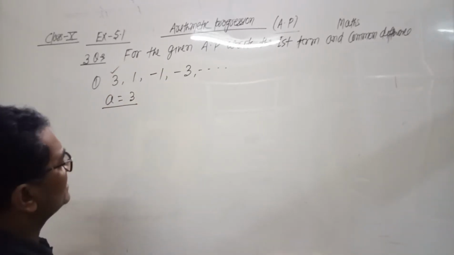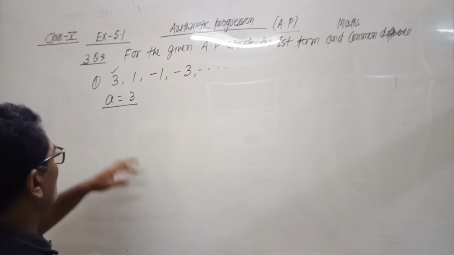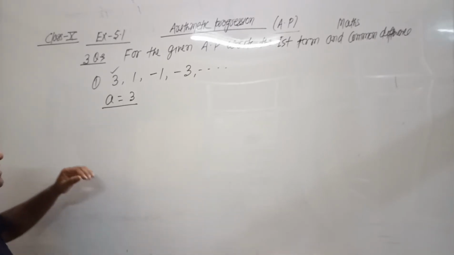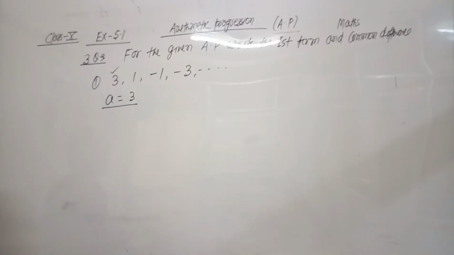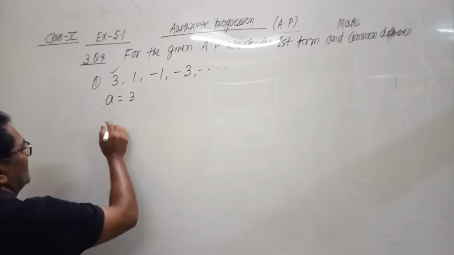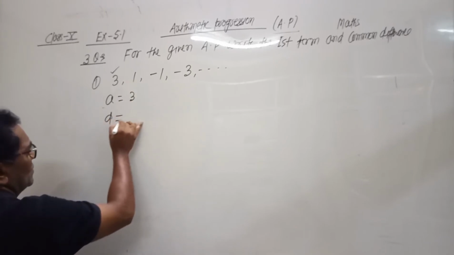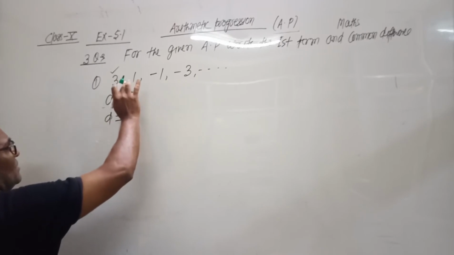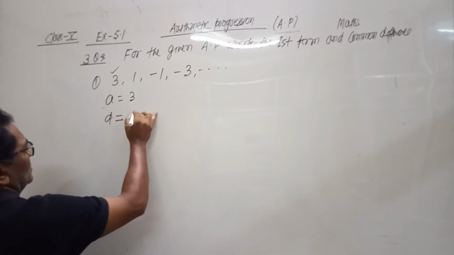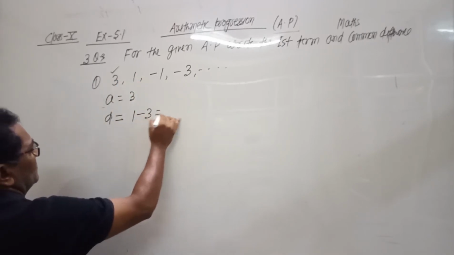For finding the common difference, we know that the next term is obtained by adding the common difference. So if two terms are given, then for finding the common difference, we subtract the first term from the second term. So 1 minus 3, which is minus 2.